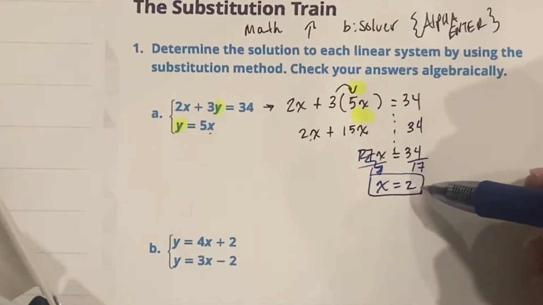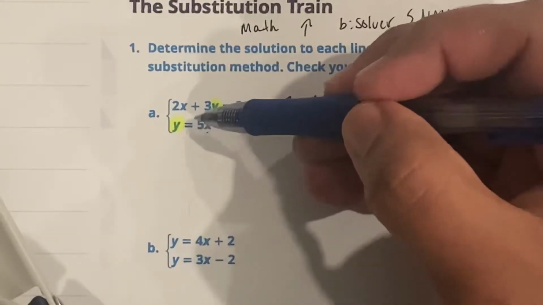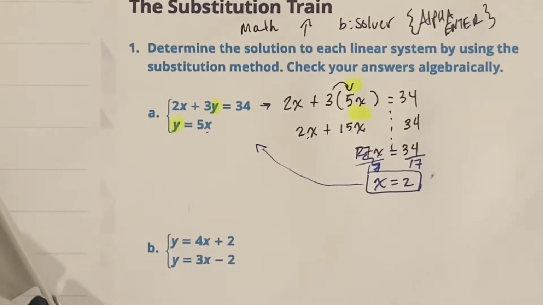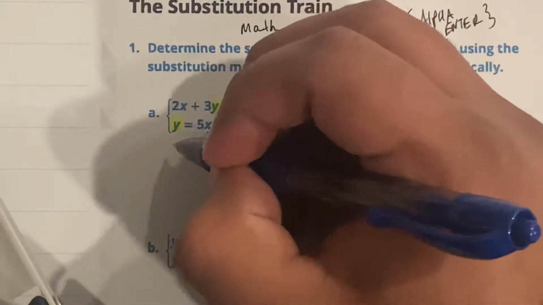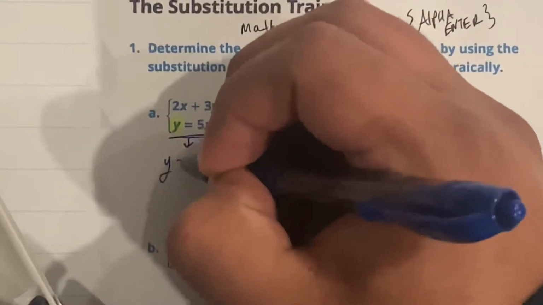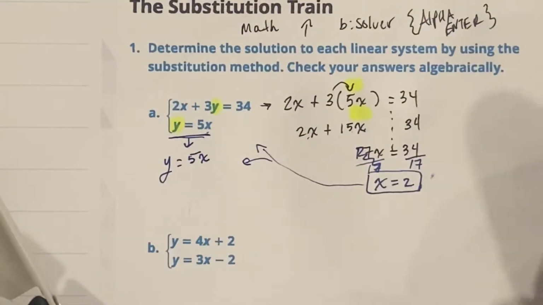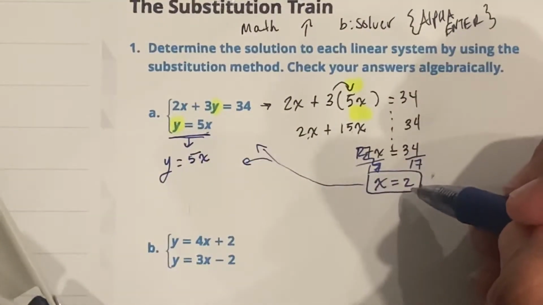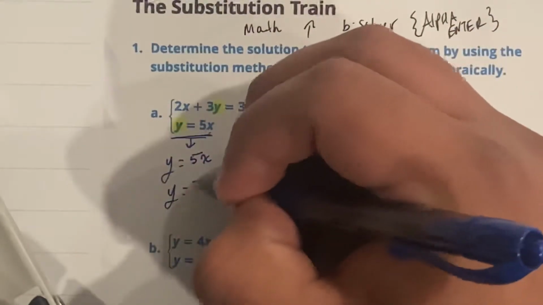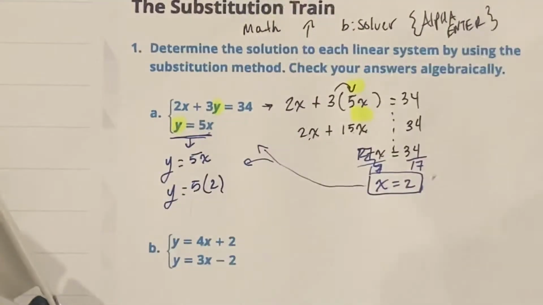After I get this part, I need to go back to the original and substitute it to here. Okay. So I'm going to use this one right here. y equals 5x. Instead of x, I'm going to use 2. y equals 5 instead of x, parentheses 2.